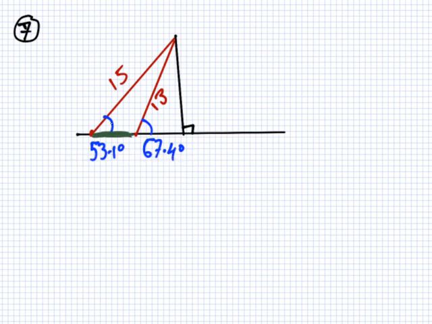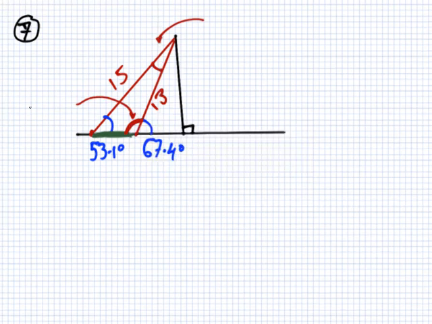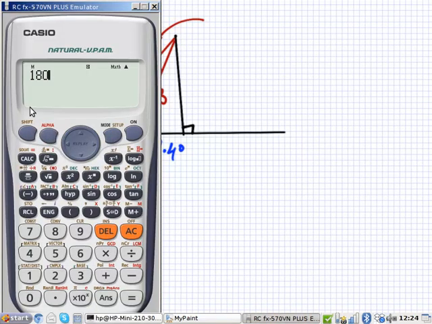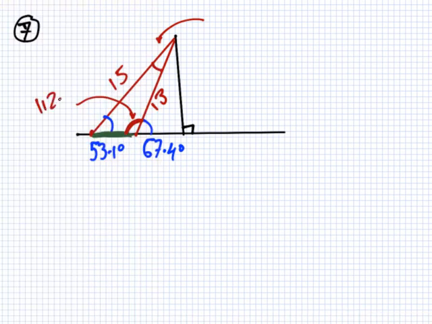Okay. I know this angle. Right, so I can know this angle. And I can know this angle. Yeah? Let's get those. So this one is 180 minus 67.4. So that is 112.6 degrees.